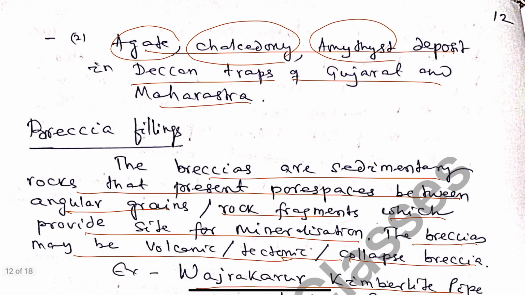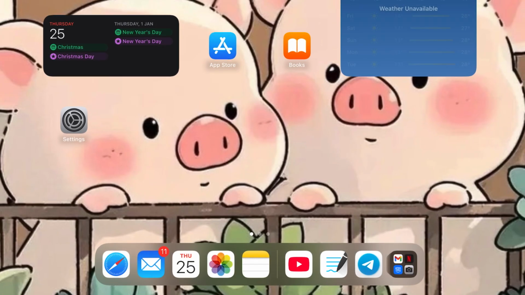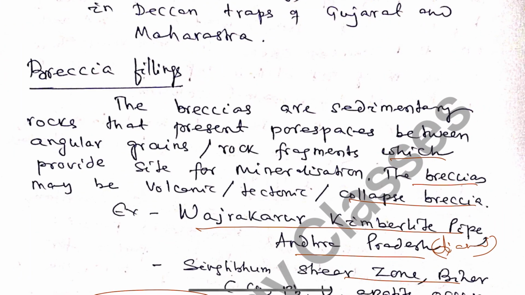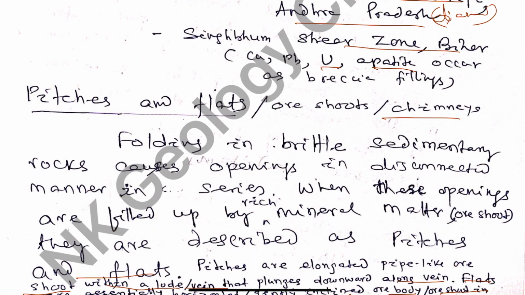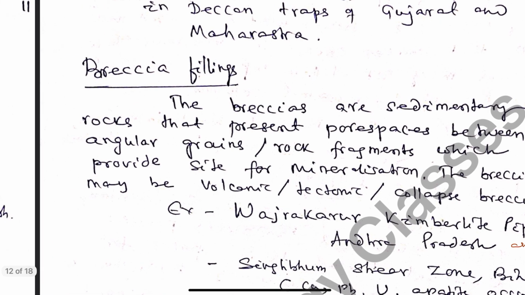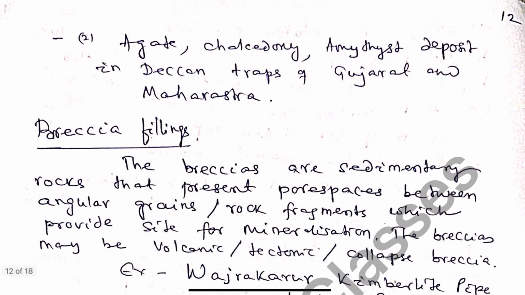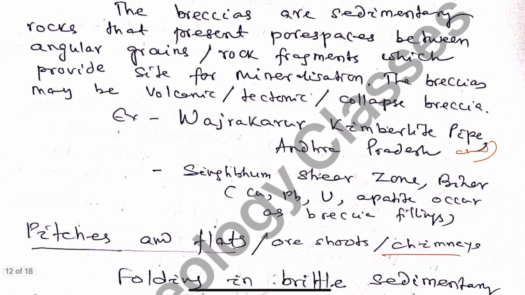So these are some of the cavity filling deposits that are found to develop from hydrothermal fluid, and the types are described with respect to the type of cavities that are found to be filled up by mineral matter.